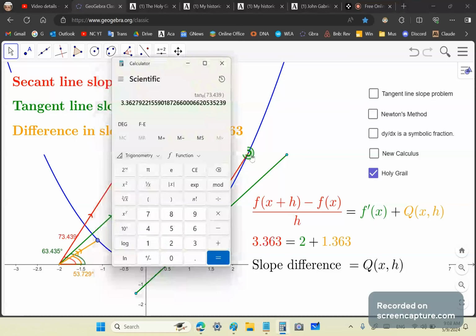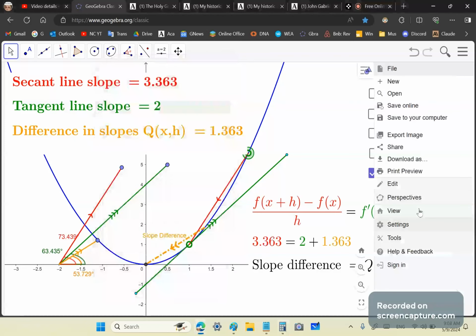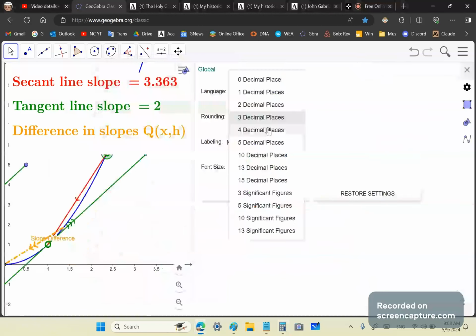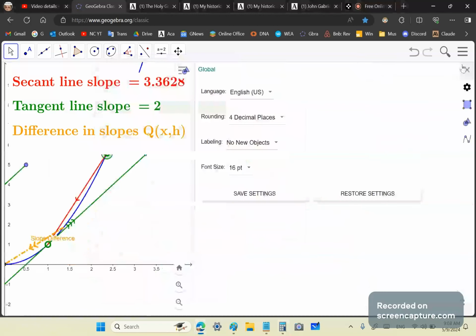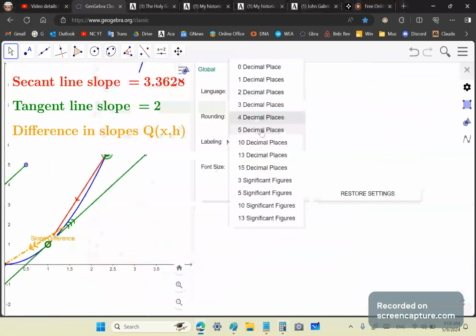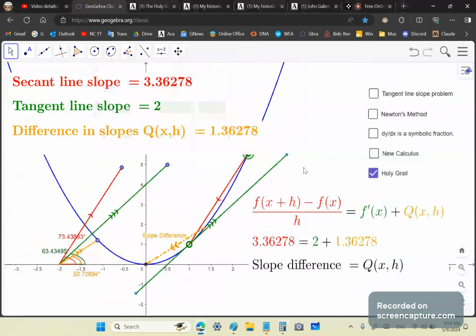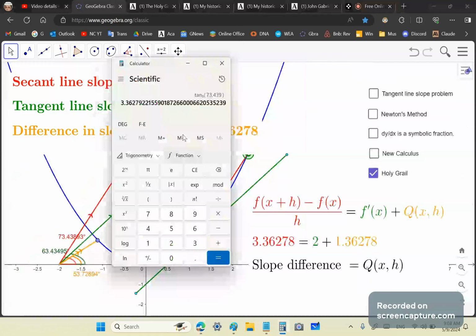I could add more digits by going to 4 decimal places, or 5 even. Let's do 5. Now you'll see that it's much closer: 3627, 3627. There's a 9 there, there's an 8 there. No problem.